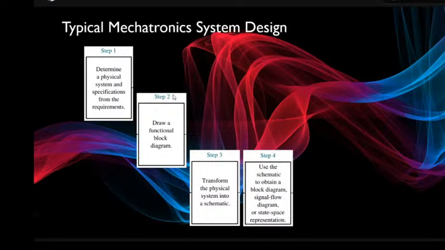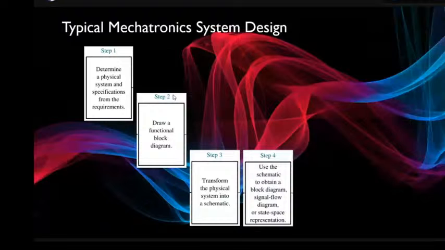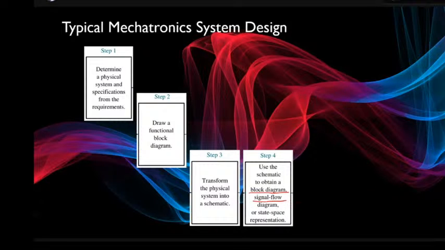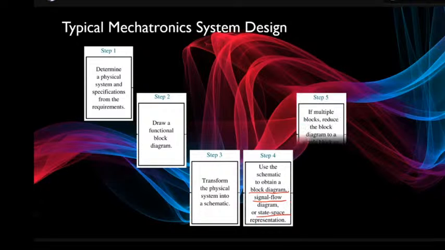Once we got the entire block diagram, which we created in step 3, it should be brought into a single block diagram. For that purpose, you can use a block reduction technique, signal flow diagram technique, or state space representation. Any of the techniques you can use for analysis purpose.